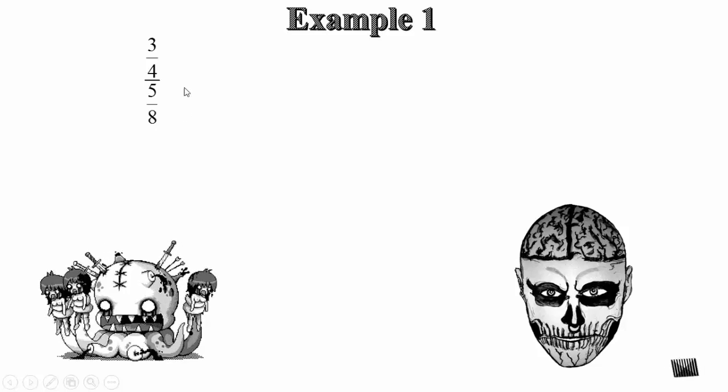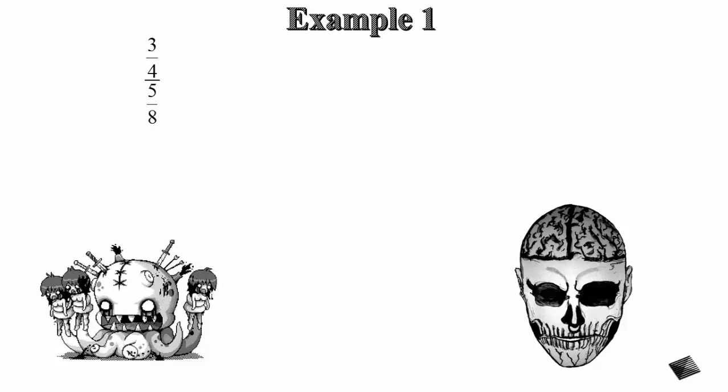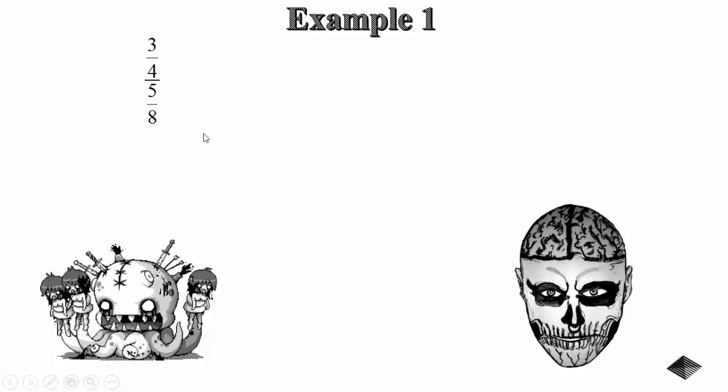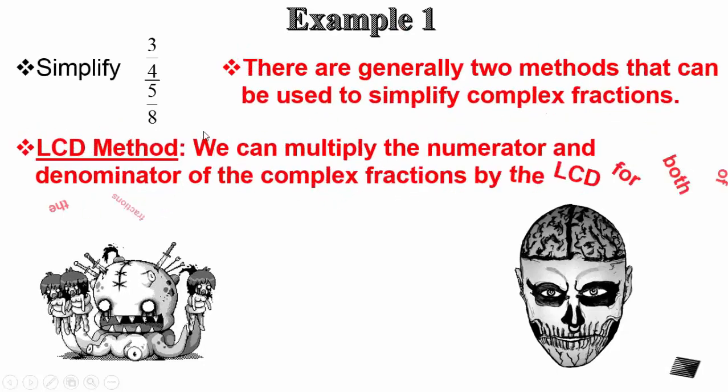Well, we see 4 and we see 8, and we see that the lowest common denominator must be 8. So in order to keep things tidy, I'll multiply both the top and the bottom by 8 over 1. So I'm going to simplify these.